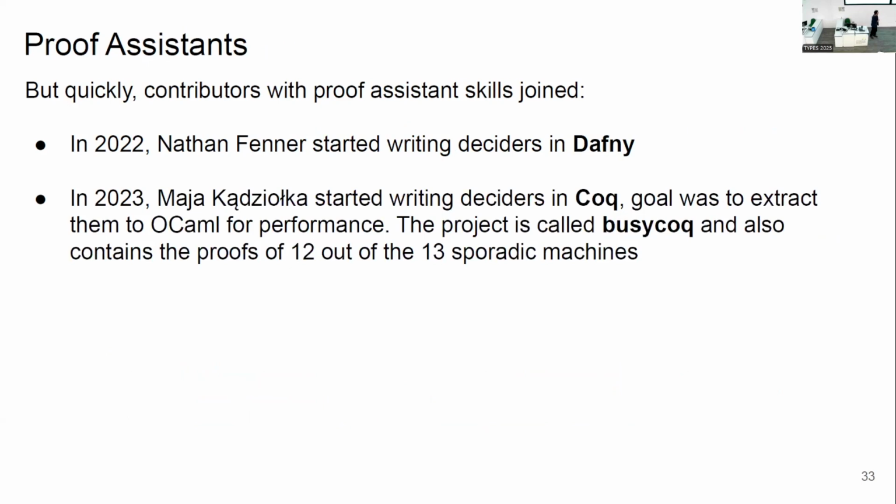And very quickly after, Maya, who is here in the room, and who will happily talk to you about the details of this, started introducing the community to Coq, where she wrote some deciders, and the goal was to extract them to OCaml for performance and run them in OCaml ultimately. With the project Busy Coq that she did, 12 out of the 13 machines that we had to prove by hand were done as part of that project.